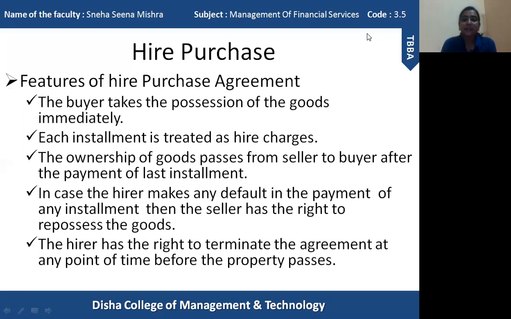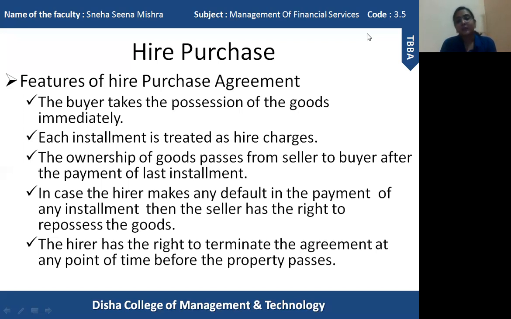For example, if the buyer has already paid 4 installments out of 10 installments, but has failed to pay 5th, 6th installment, then the seller has the right to take the possession of the good, as well as the seller will keep all the 4 installments which is paid by the buyer as hire charges.